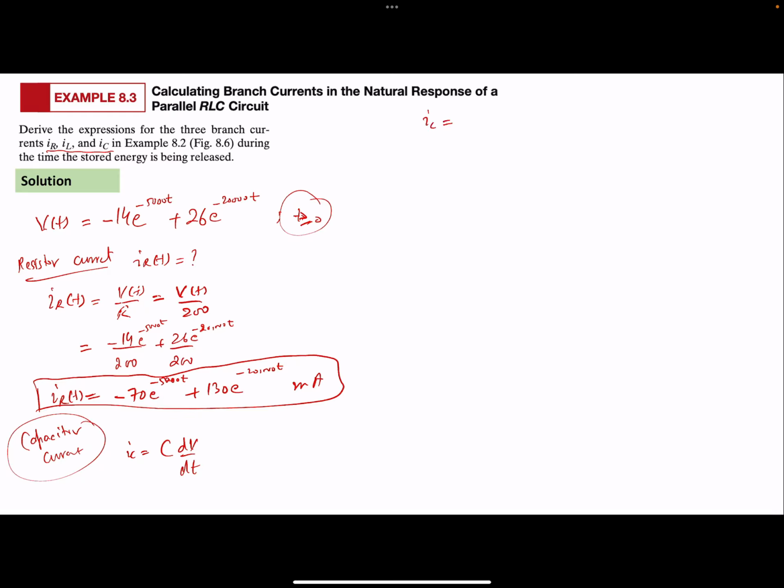So again, capacitor current is the value of the capacitor, which is practically 0.2 microfarad, times the derivative of this voltage, right?